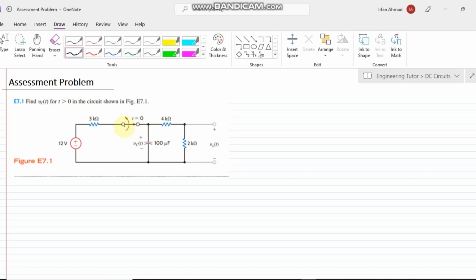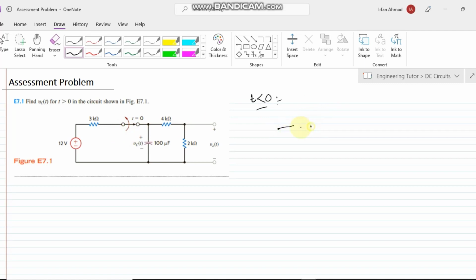We have to analyze the circuit for all instances, I mean for t less than 0. So what is 0? 0 is basically the instant at which the switch turns on or off. In this example we can see this switch, which is normally closed. There are basically two types of switches.